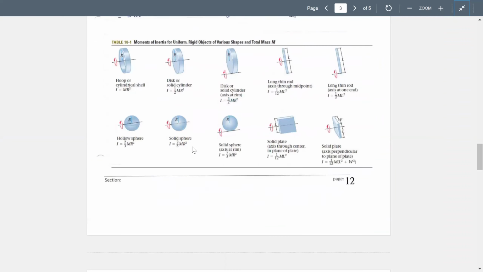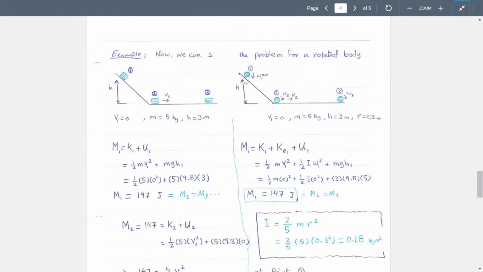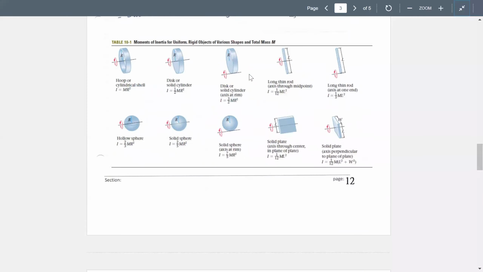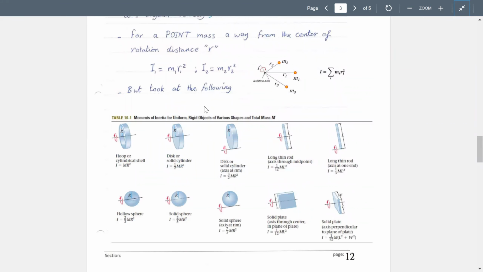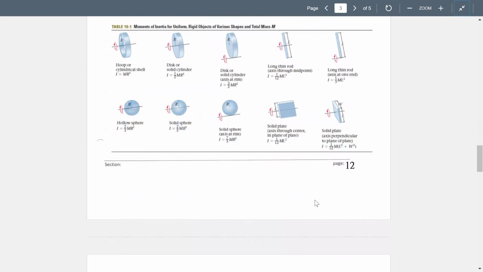As you see, the potential energy will not change because it is just a position for that mass. And there's a new quantity, which is the moment of inertia, which is a property of a rotating object. This property depends on the mass, the radius of rotation, and the shape of that rotating object.